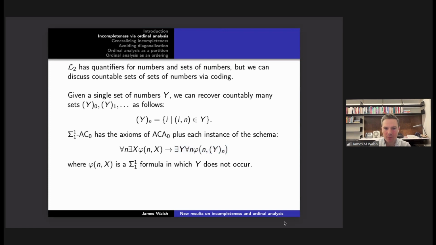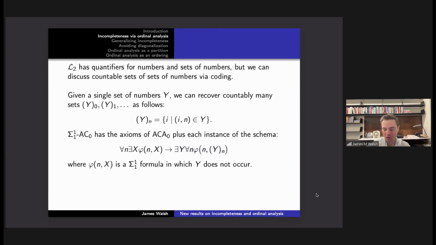And the reason it's sigma 1-1 axiom of choice is we limit ourselves to the instances of this schema where the relation phi(n, x) is a sigma 1-1 formula. And then we have this condition that y can't occur in the formula, a technical condition. But the point is we get all these instances of this choice principle, as long as the relation that's relating the numbers and the sets is sigma 1-1. So you can think of this as a choice principle.